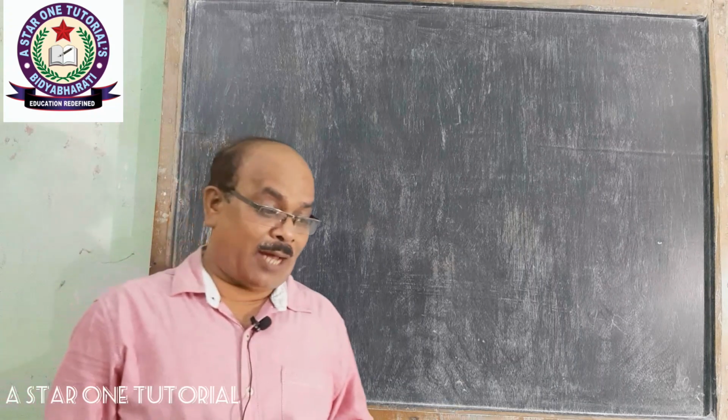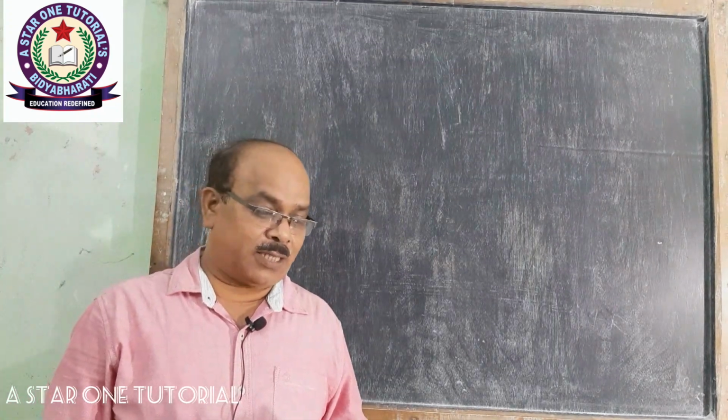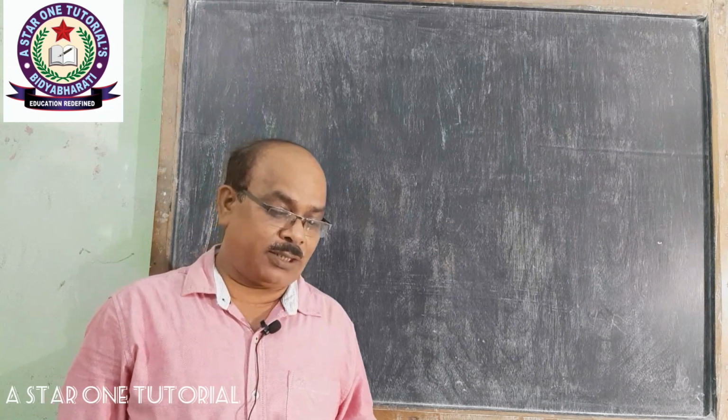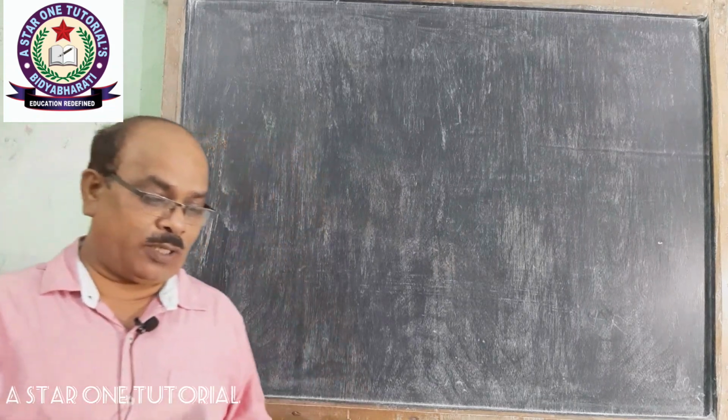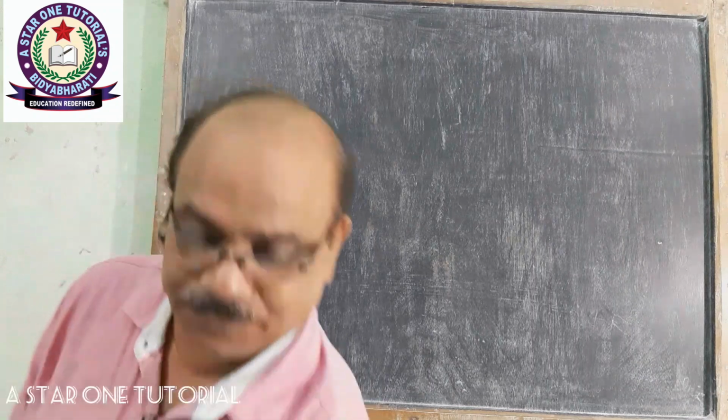The relation R in the set N of natural numbers is defined as R = {(x, y) such that y = x + 5 and x < 4}.